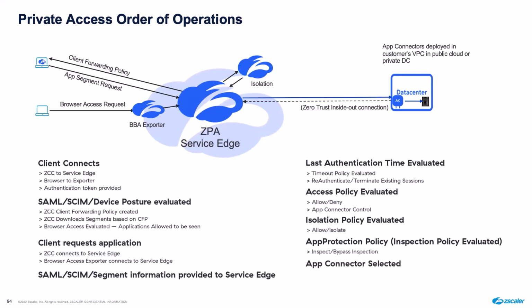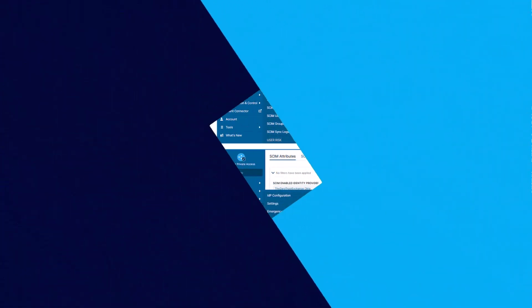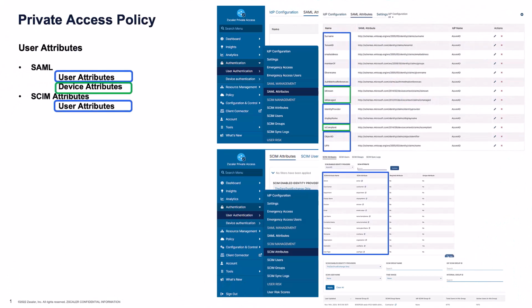We're then going to make a decision on which App Connector is going to service that request. The tunnels are established, and then the traffic flows between the Client Connector, the App Connector, and from the App Connector to the application.